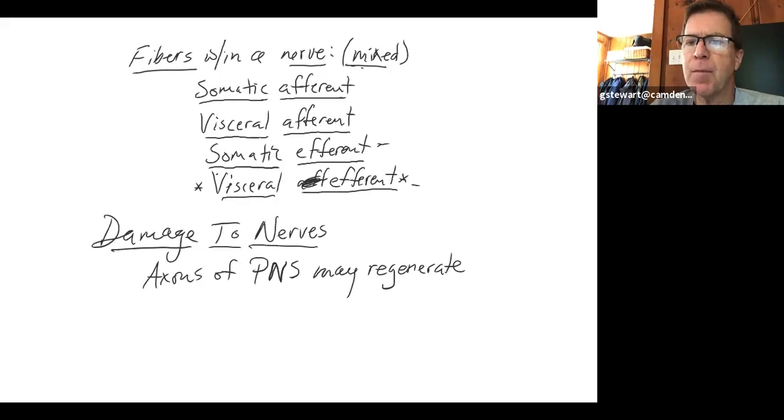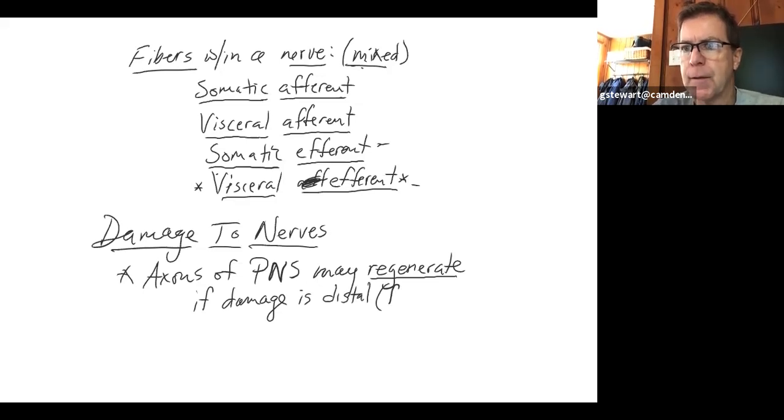But there is an ability of axons in the peripheral nervous system to do some regeneration. And that's if the damage or injury typically is far away from or distal to the cell body. So I'm going to put distal, and in parentheses, far from the cell body.